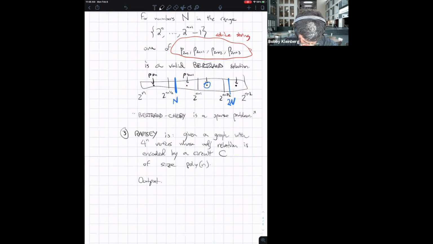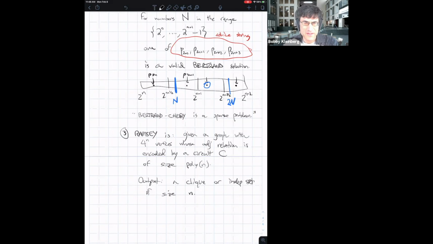And we're supposed to output a clique or independent set of size n. The finite Ramsey theorem guarantees the existence of such a set.